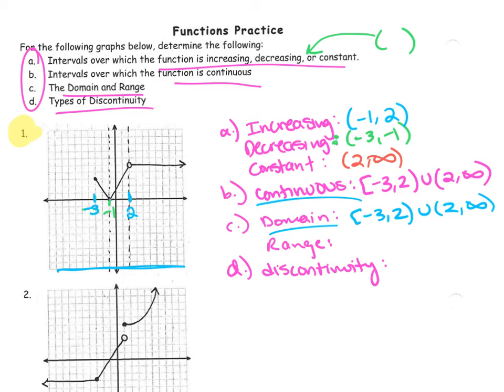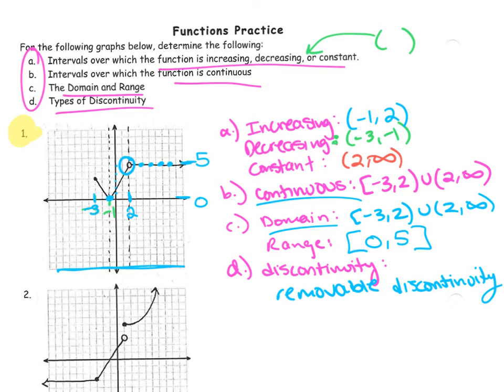And lastly, the range. Well, my lowest y value is at 0, and my highest y value here is at 1, 2, 3, 4, 5. So my range is from 0 to 5, inclusive, because I have actual points here, and I've got points here along 5. And what kind of discontinuity do we have? We have a removable discontinuity.